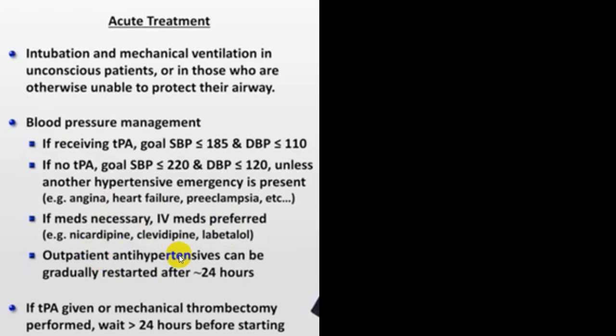In an outpatient, antihypertensives can be gradually restarted after 24 hours. If TPA is given, you can also utilize mechanical thrombectomy after 24 hours. Wait for 24 hours before starting aspirin. Otherwise, start aspirin immediately if you are planning for mechanical thrombectomy.